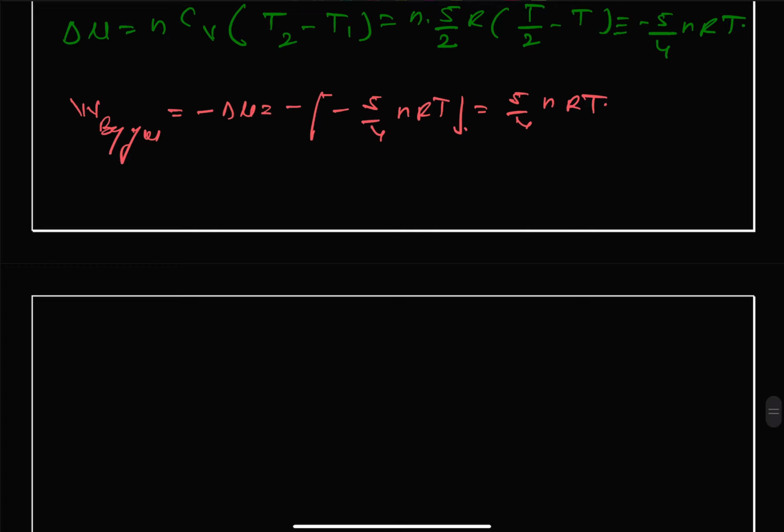We are supposed to do it in terms of pressure and volume, so we can use PV is equal to nRT. So we can say work done by gas is equal to 5 by 4 times pressure multiplied by volume.